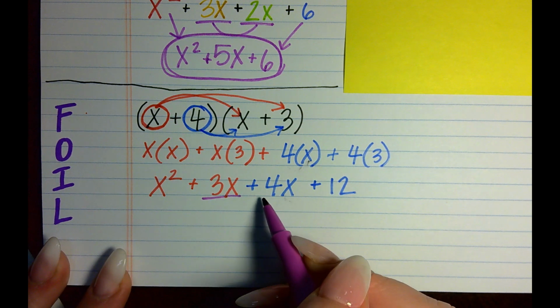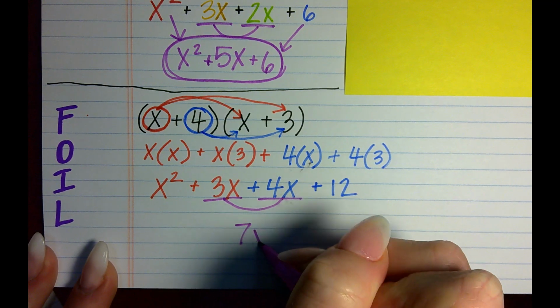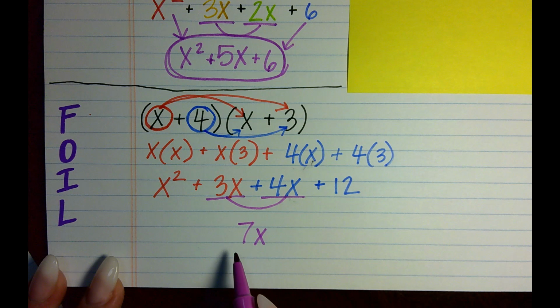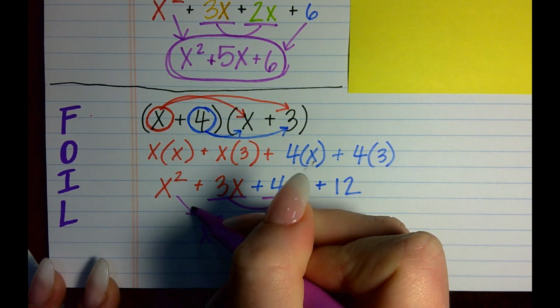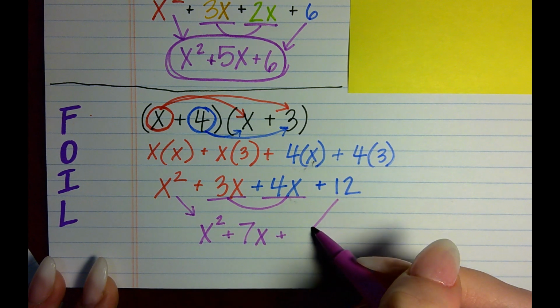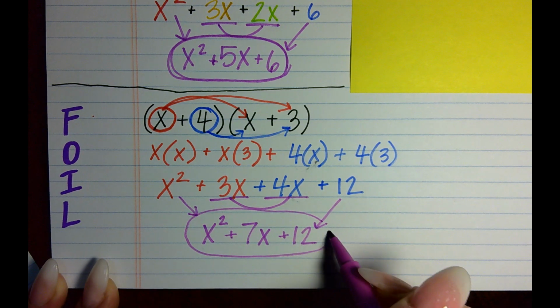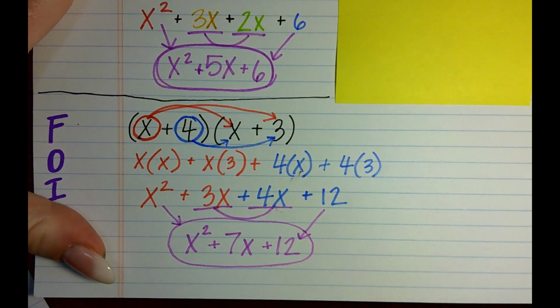What is 3x plus 4x? 7x. Good. And then we'll bring the rest down. I have x squared plus 7x plus 12. That is our answer. There we go.